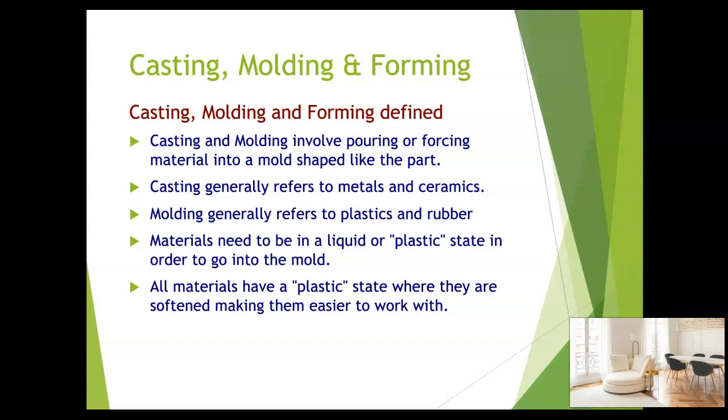We get much more involved with how we use those charts and material properties in the industrial materials class. Basically, when we're talking about these materials being in a plastic state, that material is kind of softened, which makes it easier to work with.